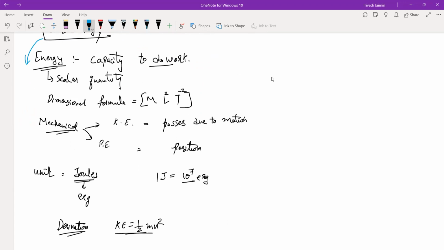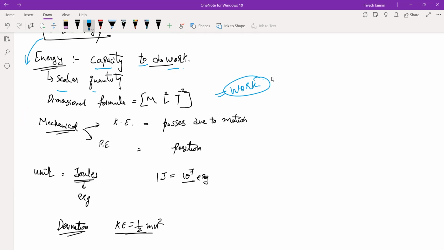Energy we know, capacity to do work. And energy is scalar quantity. Dimension formula, you know, right? Dimension formula is similar to work. See, work, energy, power, all are similar. Almost they depend upon each other.